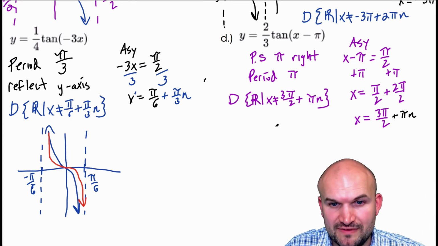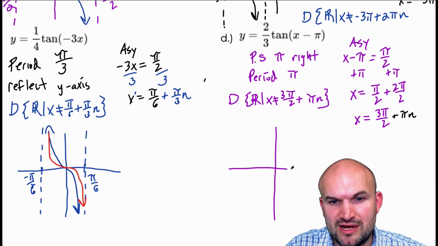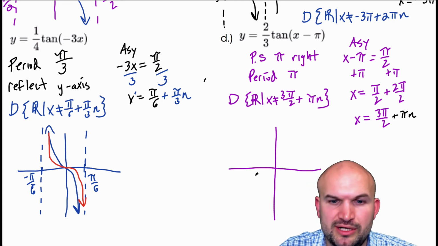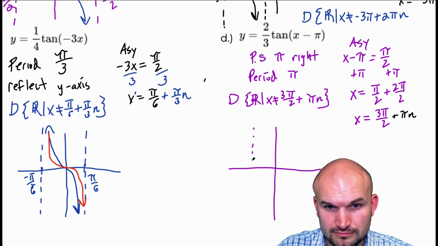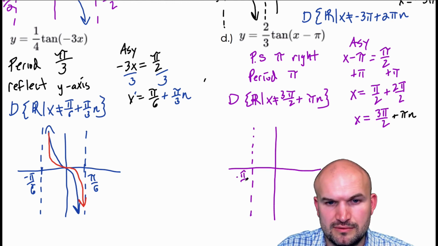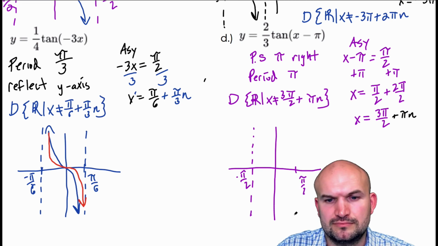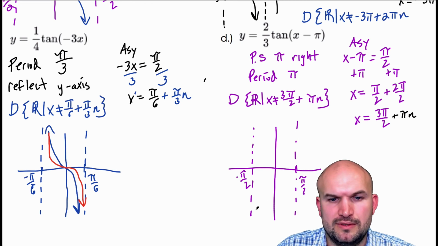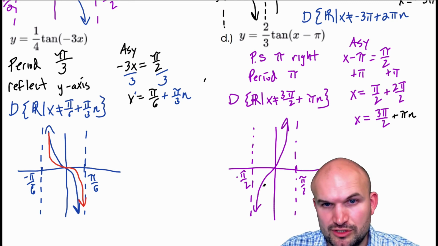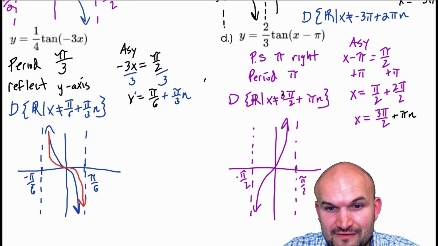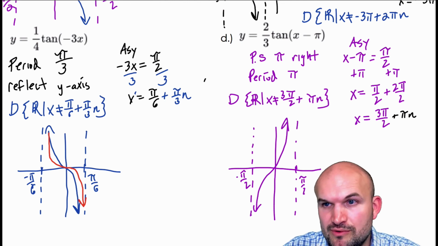So let's graph this. I'm going to graph the initial period on this one. That's negative pi halves, and this is positive pi halves. That's the graph, right? That's the initial period. So this graph is the exact same graph, just being shifted pi units to the right.